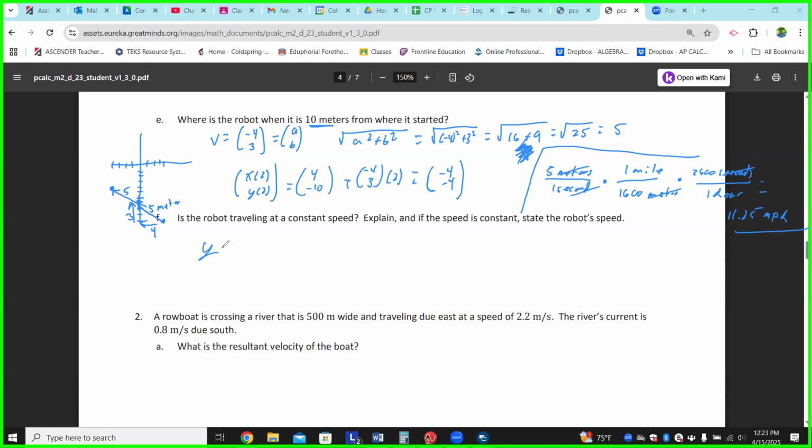So this is a yes, not just a Y. So yes, it is traveling at 5 meters per second or 11.25 miles per hour.